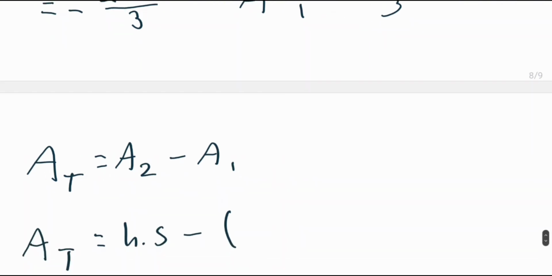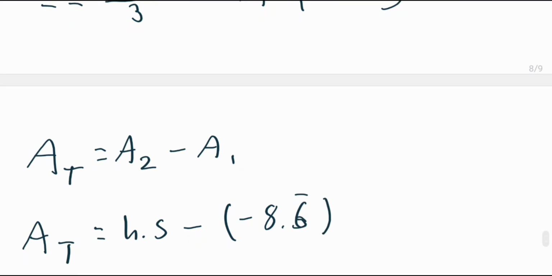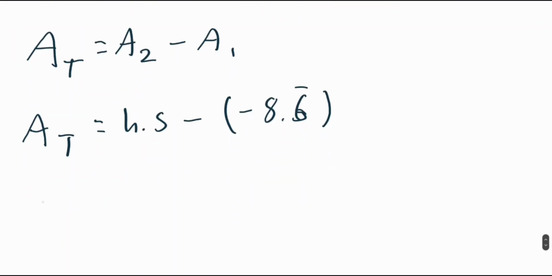Negative 26 divided by 3 is negative 8.6 recurring. So we'll write this as negative 8.6 recurring, and this is what we get. So this will equal 16.16 recurring.